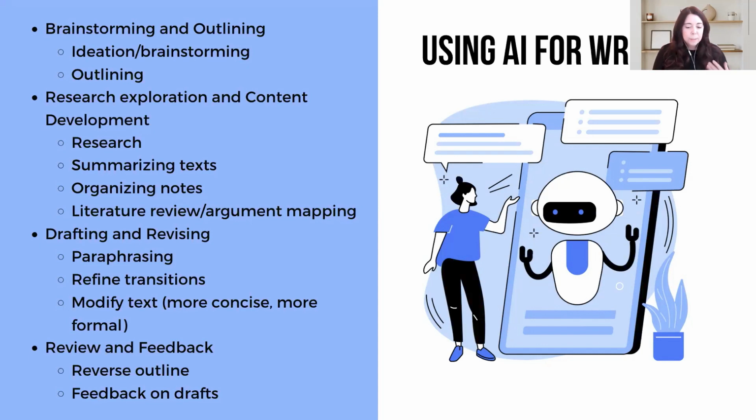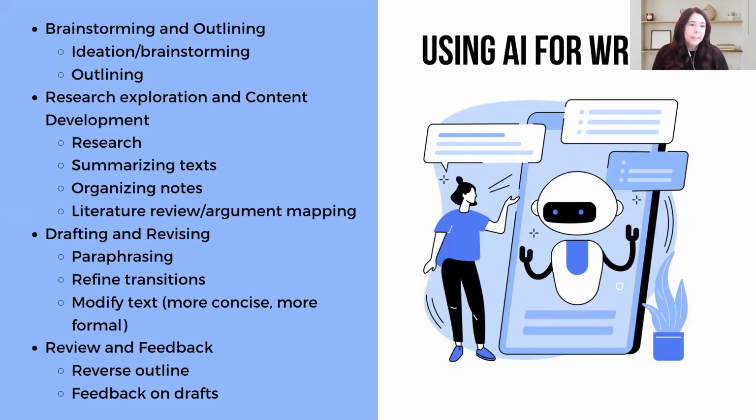It could also help them just see if the logic and the linear progression of their argument makes sense. And then also, and I have some prompts for this in the resources as well, you can actually use AI to give you feedback on complete drafts. And so we can think of it as sort of an editor or an alternative to a peer review.